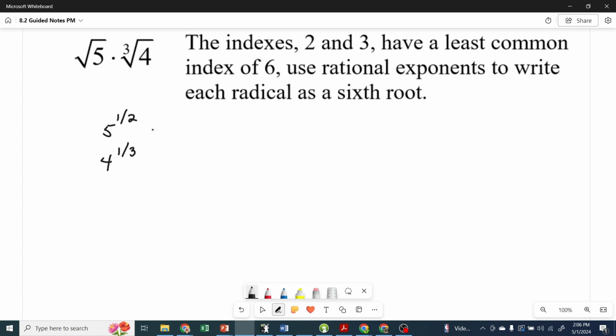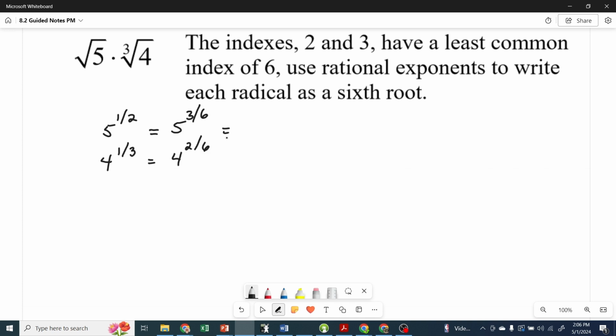If I were going to work with halves and thirds and add them together, they have to be converted to sixths. So this would be 5 to the 3/6 power, and this would be 4 to the 2/6 power.